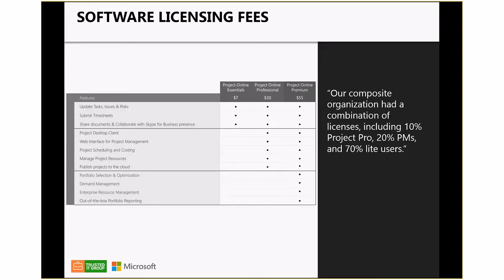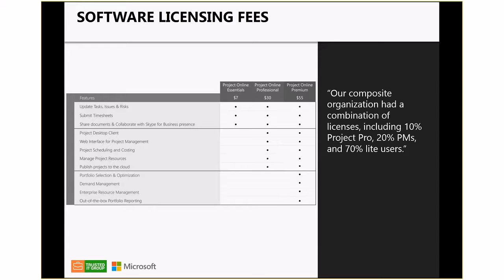It used to be Project Online Lite, now it's Project Online Essentials. Again, it lets you update tasks, issues, risks, submit timesheets, share documents, collaborate with Skype for Business, etc. So it's just very good for collaboration purposes.